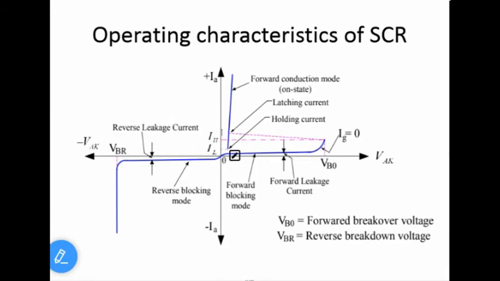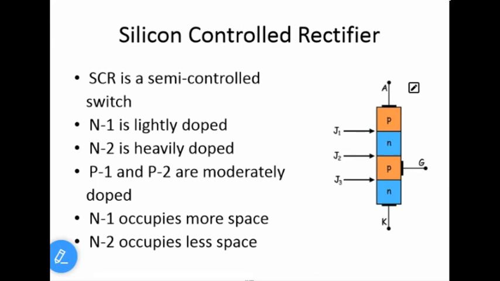Now in the forward blocking region, I will apply a forward voltage to the SCR. When I apply the forward voltage, P1 is connected to the positive and N1 is connected to the negative.